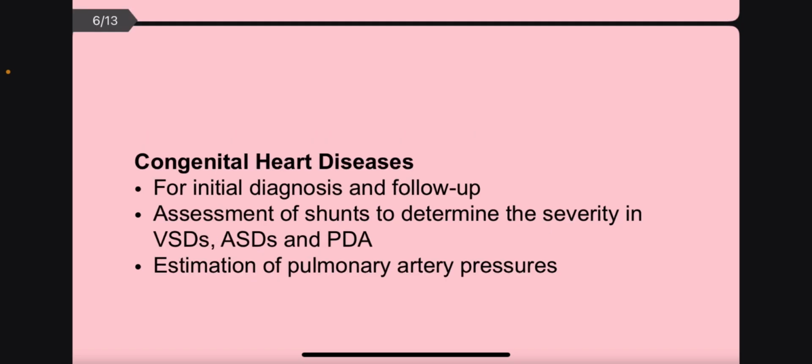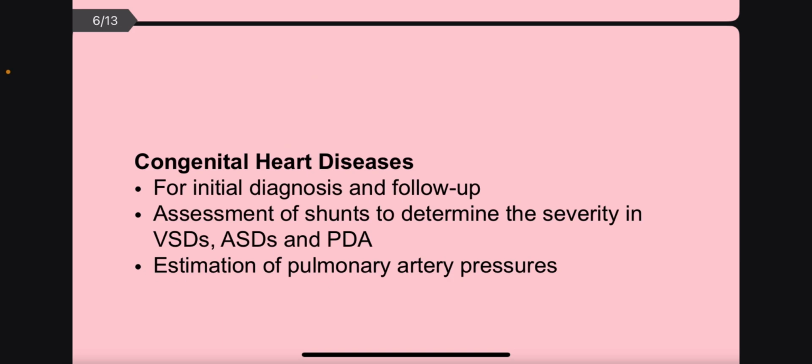Indication number 5 is congenital heart disease. In congenital heart disease, majorly in pediatrics, echo is for initial diagnosis and then follow-up. When you diagnose, sometimes intervention is required there and then, or it is not severe, asymptomatic, or small, and then it just requires to be followed up until intervention is required, or until it closes spontaneously.